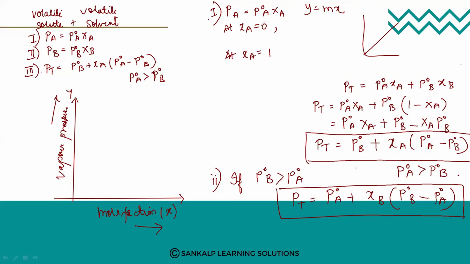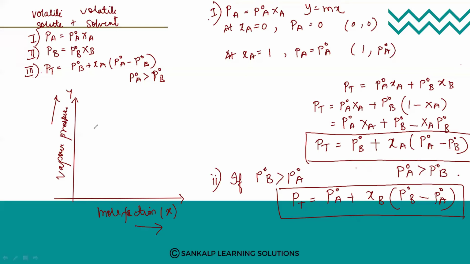If chi of A is 0, then P of A will be 0. And if chi of A is 1, then P of A will be P naught A. So the points will be 0 and 0, and 1 and P naught of A. So these are the points.